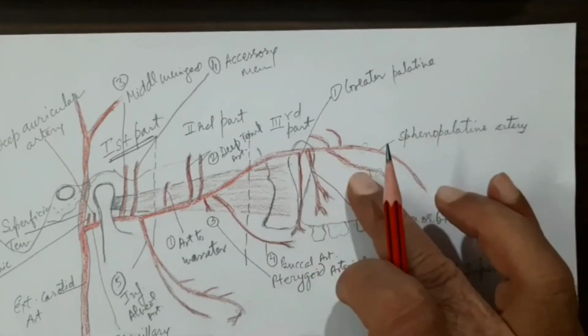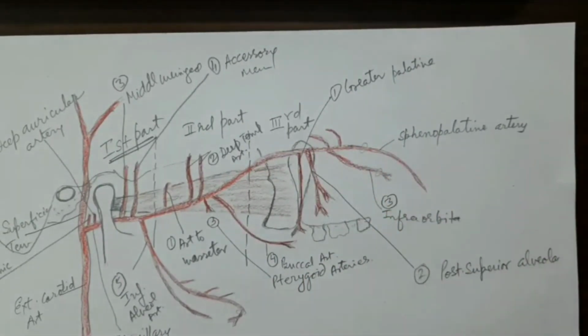Infraorbital branch. This will run in the orbit. It is called infraorbital because it comes into the orbit through the infraorbital fissure, lies in the floor of the orbit in the infraorbital groove and infraorbital canal, and then reaches the face.